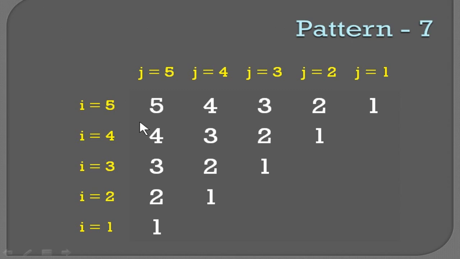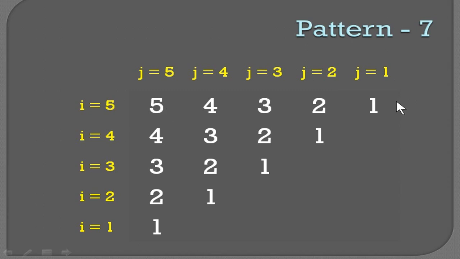Here you can see the first row is 5 4 3 2 1, then 4 3 2 1, 3 2 1, 2 1, 1. Here, from the first column itself, you will know the outer loop value: it starts at 5 and ends with 1, in a decreasing way, so you are decrementing the value every time.